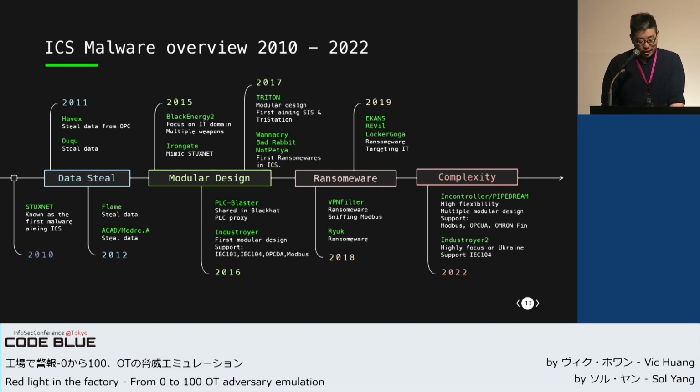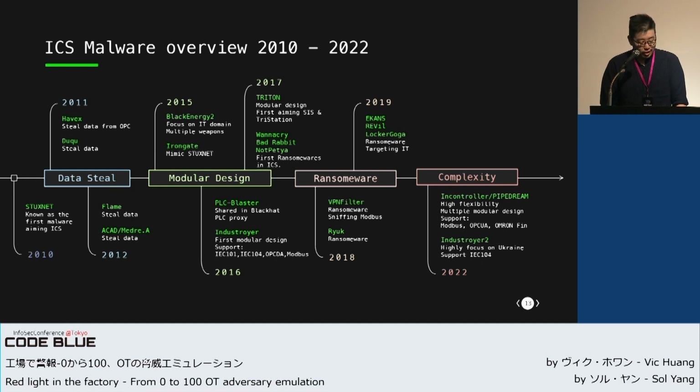For its behavior and purpose, we divide it into 4 groups. The first starts from 2011. They focus on data theft. And then the malware started to have a modular design to target multiple protocol devices and also multiple functions in the same protocols, like Triton.